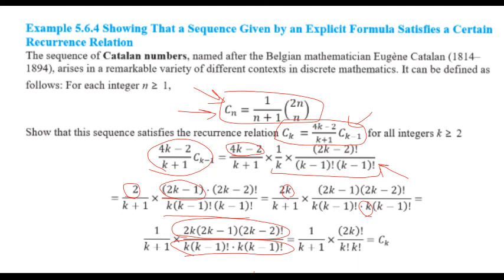So the final result is 2k choose k, that is 2k factorial over k factorial squared, multiplied by 1 over k plus 1, which if you look here, is the general formula for the kth Catalan number. So we are done with the proof.